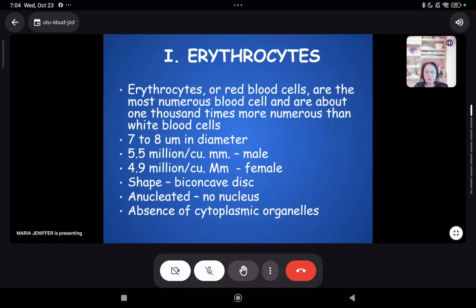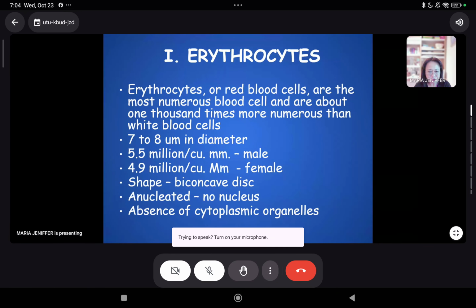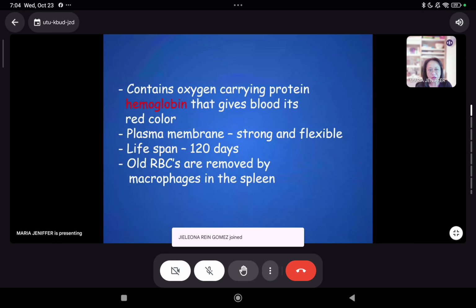Okay, so erythrocytes, these are the red blood cells. This is the most numerous type of formed element, more than the white blood cells in volume. It has no nucleus, there is an absence of cytoplasmic organelles, and it is biconcave in shape.